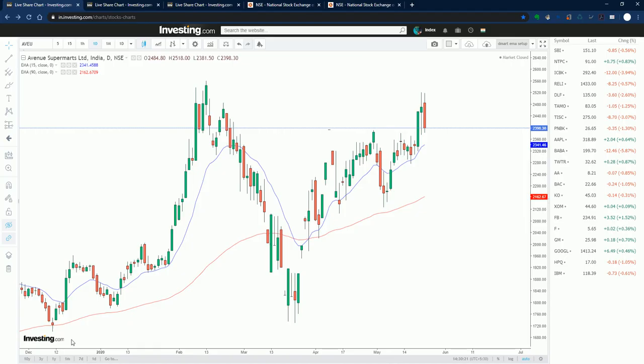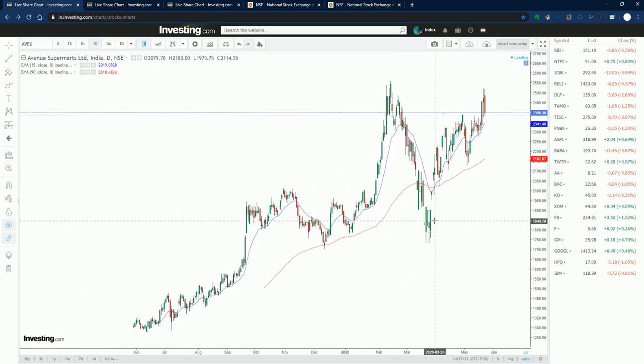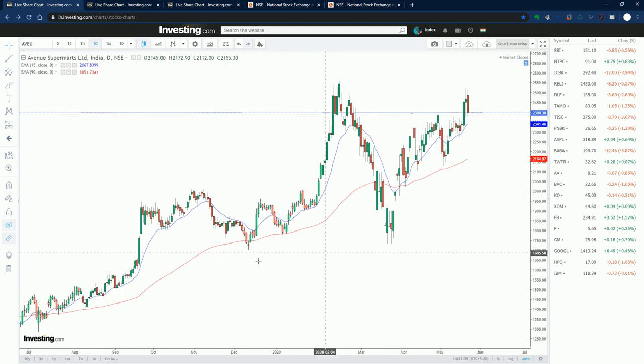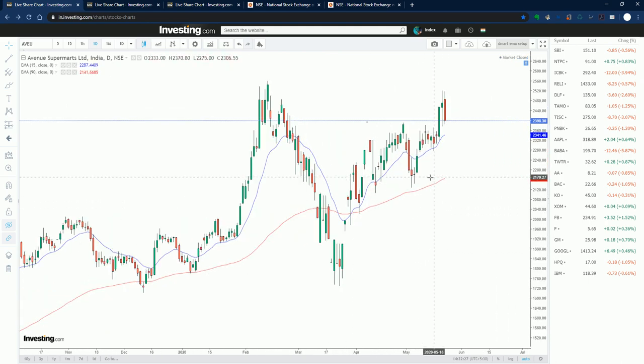First, we'll look into the EMA setup, that is the exponential moving average setup. Here we can see that this stock follows the 15 period EMA and the 90 period EMA. You can see the 90 period acting as a support and the 15 temporarily acting as a support.